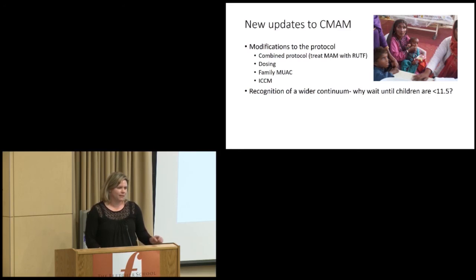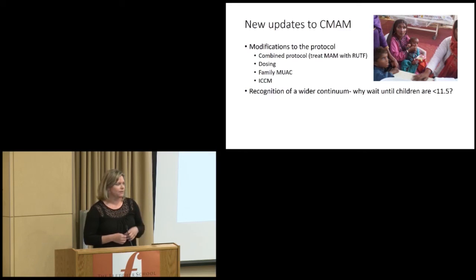It's being rolled out in Somalia, in most countries in West Africa, not in Ethiopia, but in Yemen. And so that really is one of the modifications to the existing protocol that's trying to address this issue of access.